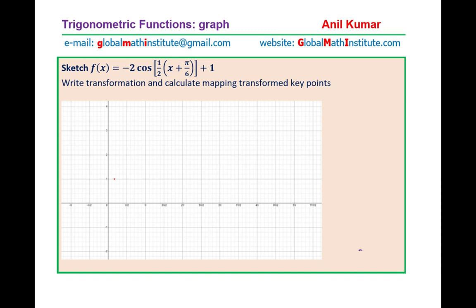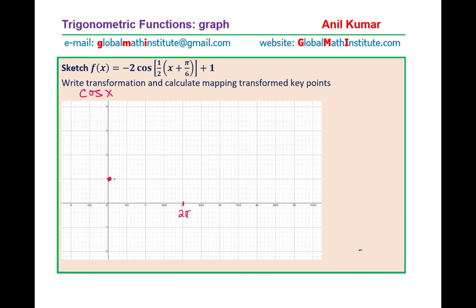So let's begin with the cos x function. So on this scale, that is 0, 1, and we have a cycle which is here we have 2 pi, right?